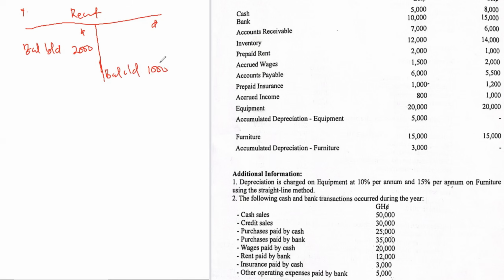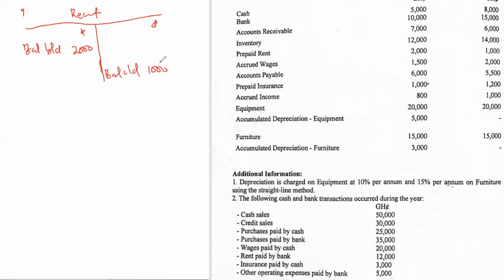Then you look for how much was paid for rent in the question. So when you look at the question, rent paid by bank, which is 12,000. Although this time they did not give you a cash book for you to know, you should know that if it is bank that is paying, then definitely it's going to be on the credit side of the cash book.